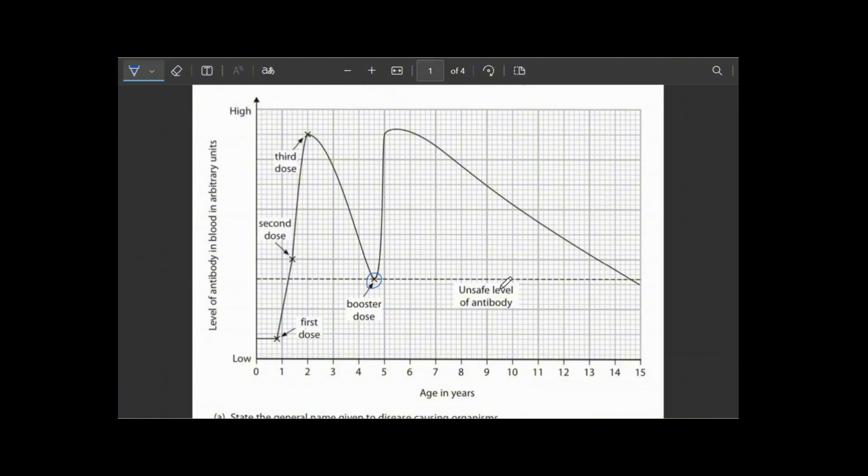This line is an important part, and it clearly means that if the level of antibody is falling below this line, the child is vulnerable to the disease-causing organism because the body of the child is not producing enough antibodies to create sufficient resistance against that disease-causing organism.